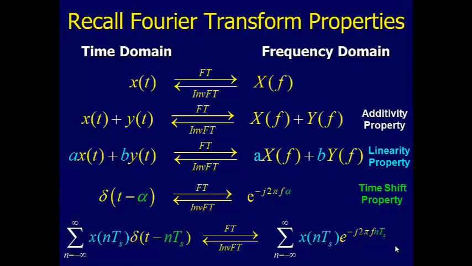But I'm going to take the Fourier transform of a shifted delta, which is just e to the minus j 2 pi f times the amount I'm shifting it, t sub s. So with these rules, I know what the continuous time Fourier transform is of my continuous time model of a discrete time signal. That's a mouthful.